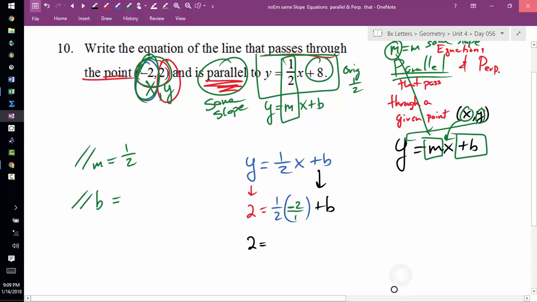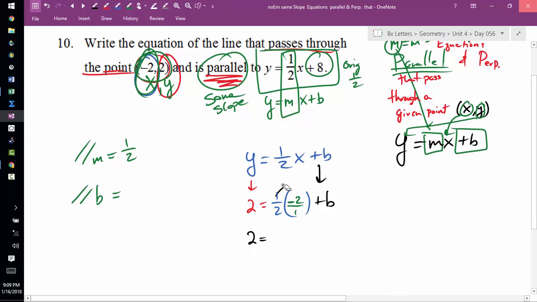This is 2. When we're not solving a proportion, when it's just fraction times fraction, it's numerator times numerator. That's a fancy way to say the tops times each other. So 1 times -2 is -2, and the bottoms times each other, 2 times 1.